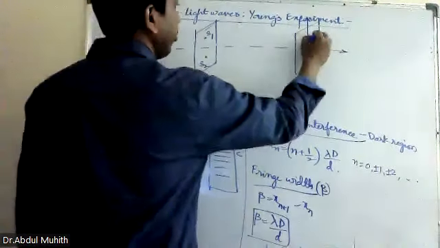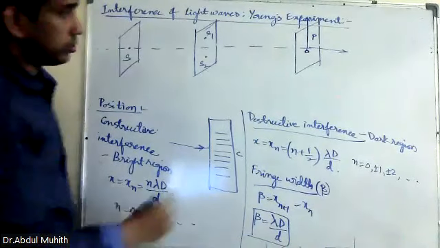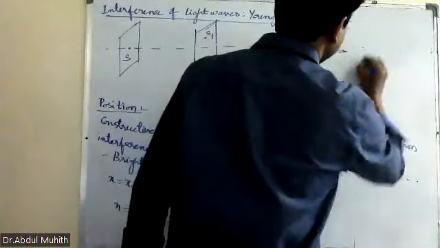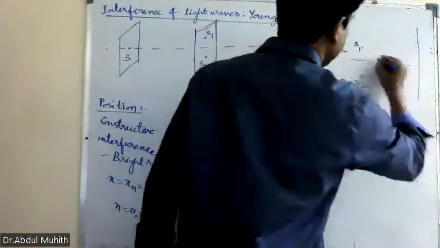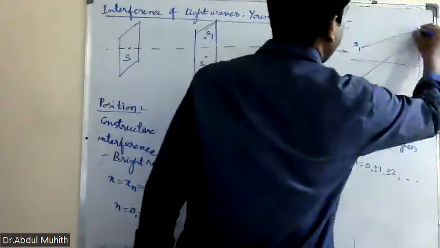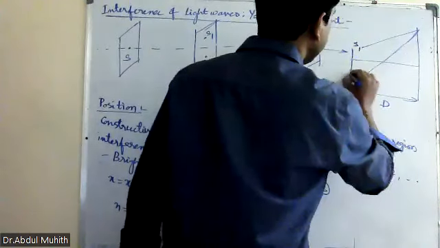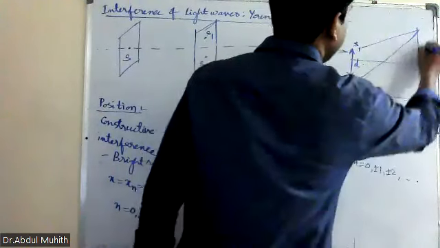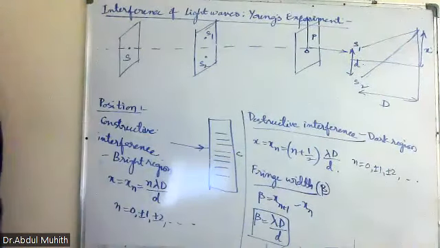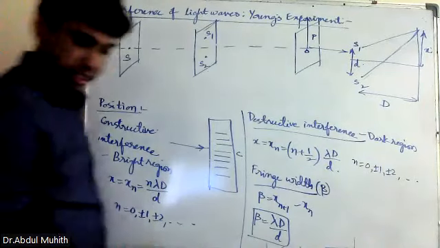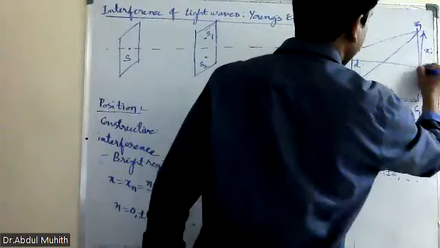I'll draw one more diagram here. If you see carefully, this is S1 and this is S2. These two waves are meeting at this point, and this distance is said to be capital D. This distance is said to be small d, and this is xn or x. G dash is the screen, and O is the center.